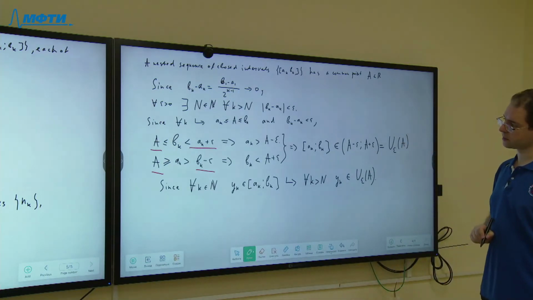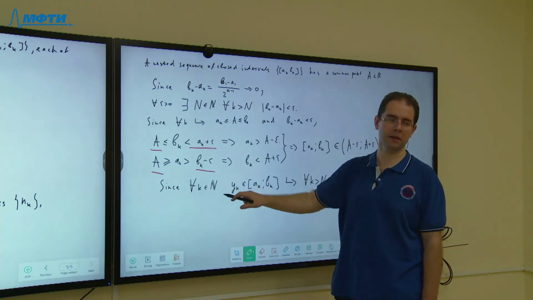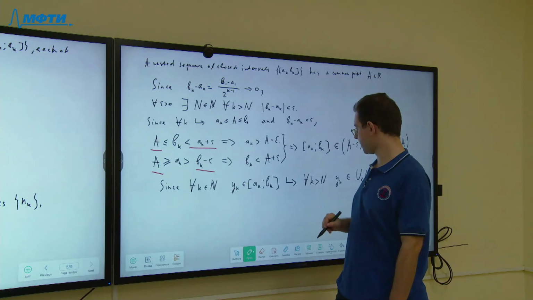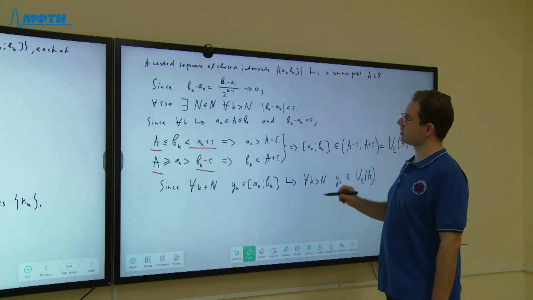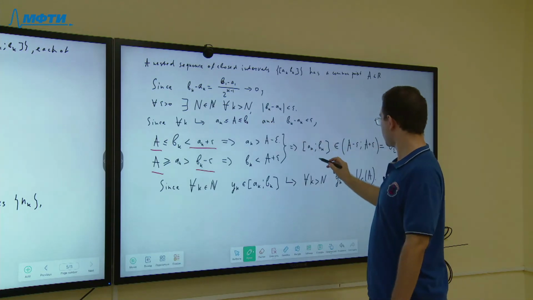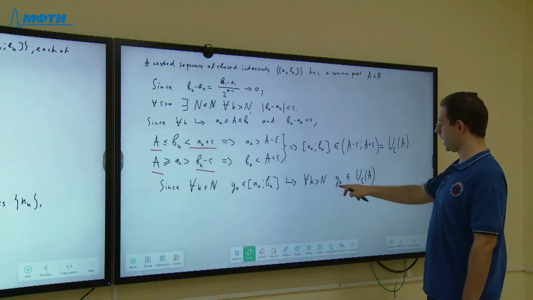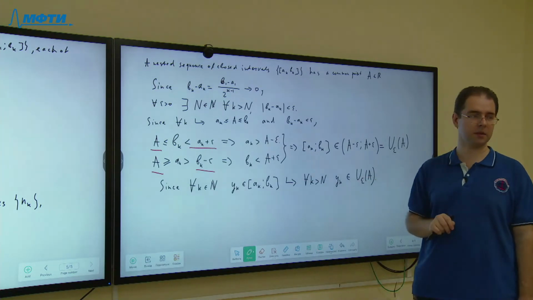So this part is true for any natural number k. Then, since for any k greater than capital N we have this part, y_k is also inside this neighborhood of a.